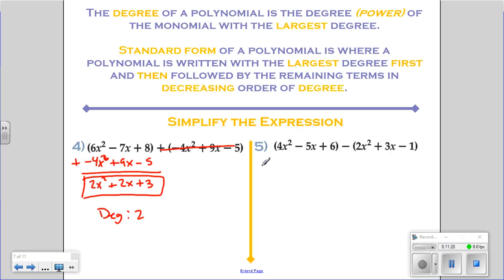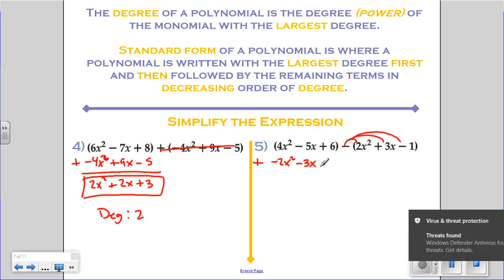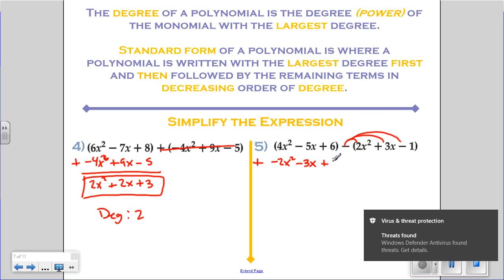Now before I stack the second one, you want to distribute the negative throughout the entire second parenthesis. It's also going to change it to a plus sign. So when I distribute the negative, I'm going to have a negative 2x squared, a negative 3x, and a positive 1.